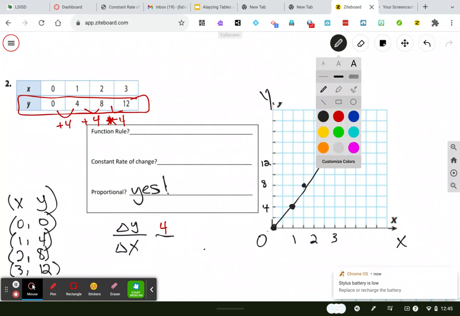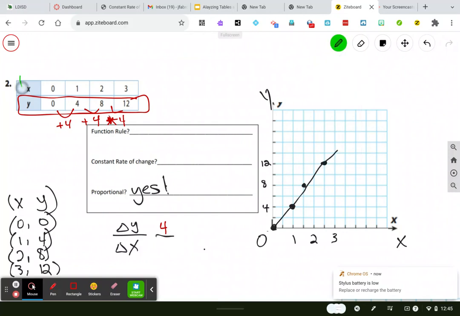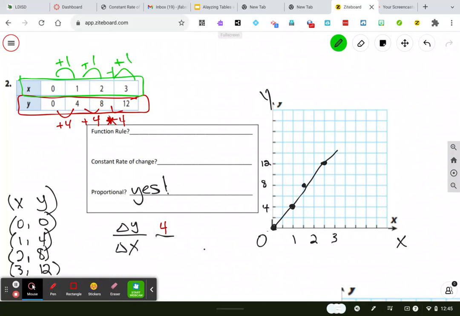My change in x, 0 to 1, I'm adding 1. 1 plus 1 is 2, plus 1 is 3. So my x is 1. So my rate of change is 4 divided by 1, which is 4. So my constant rate of change is 4.